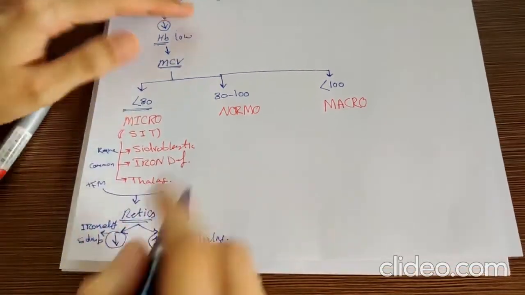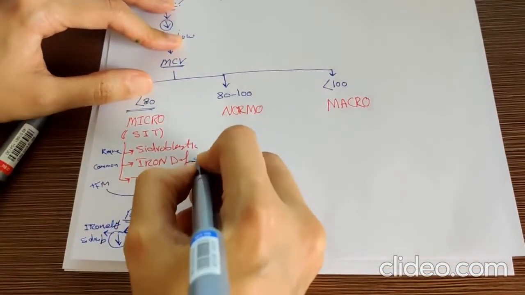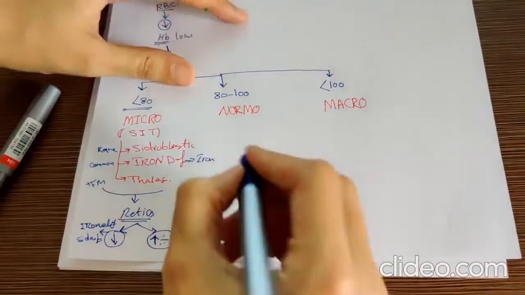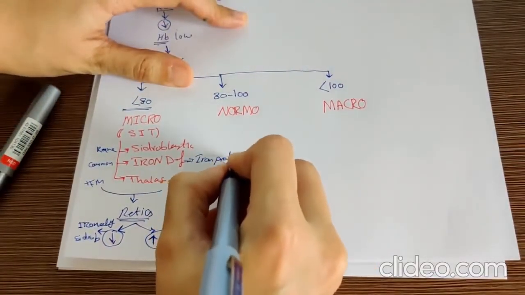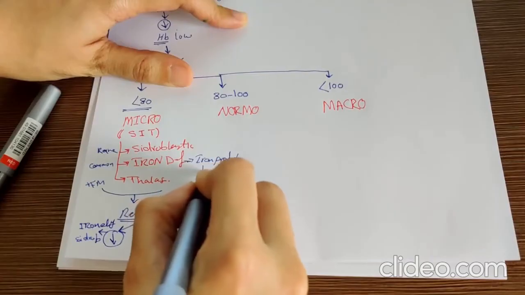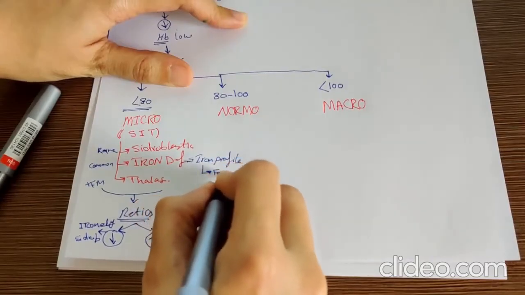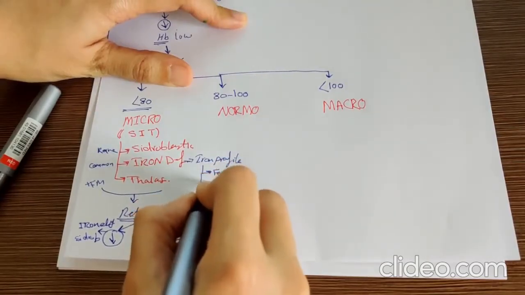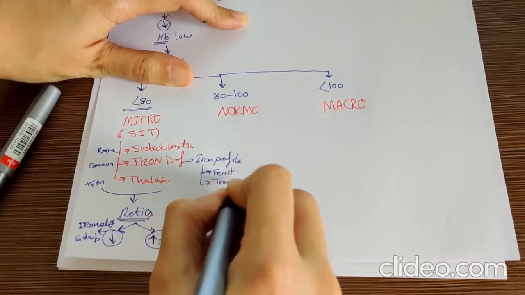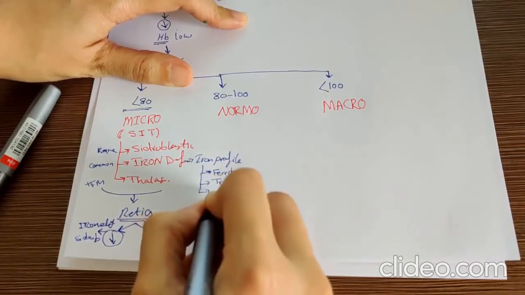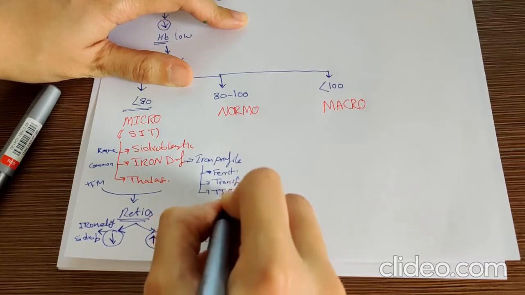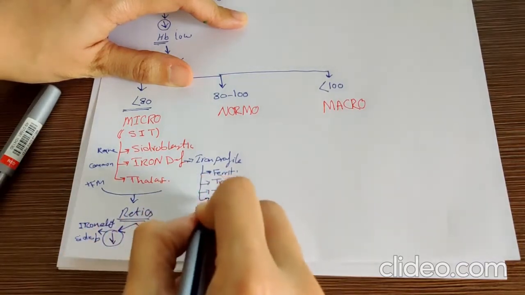For iron deficiency anemia, you need to order an iron profile, and it includes ferritin, transferrin, total iron binding capacity, and iron, of course.